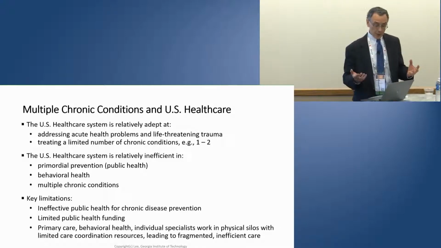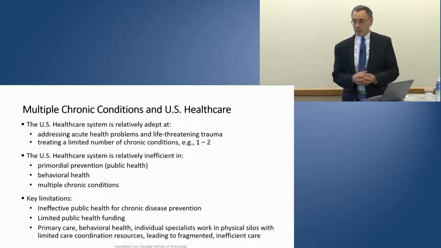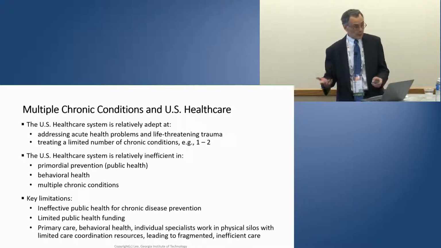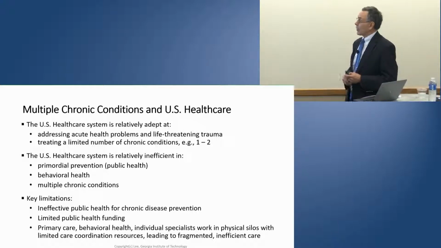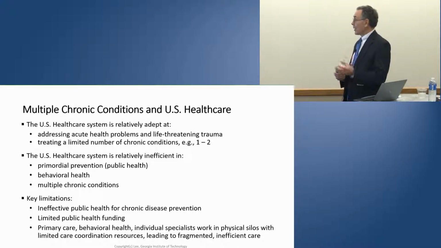Interestingly, while this drives most of cost, our U.S. healthcare system has not been designed to take care of chronic disease, particularly the patients with multiple chronic conditions that drive most of the cost. We're very good at addressing acute health problems and life-threatening trauma, and we do reasonably well in patients who have a small number of chronic conditions. We're relatively efficient at primordial prevention, preventing hypertension, diabetes, obesity in the first place.